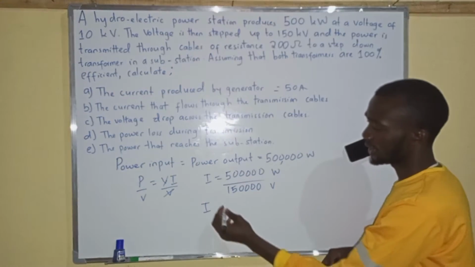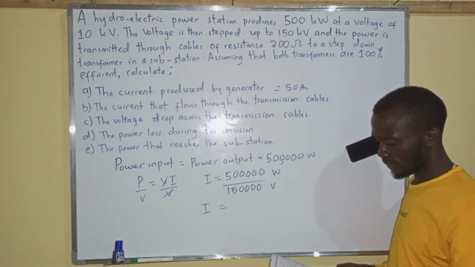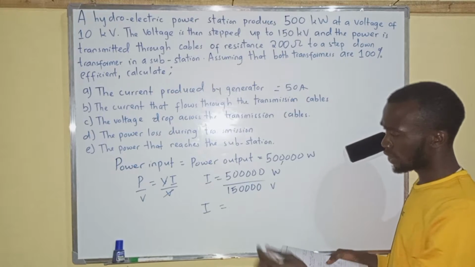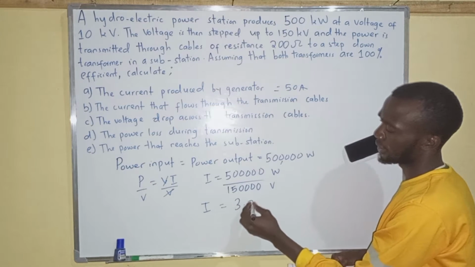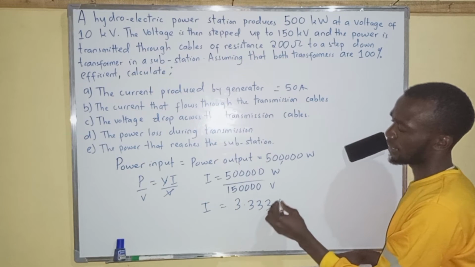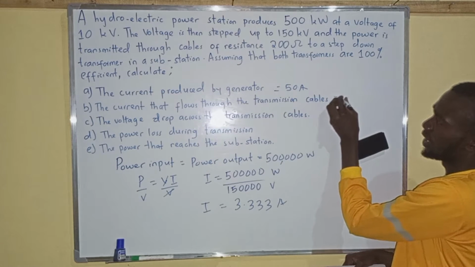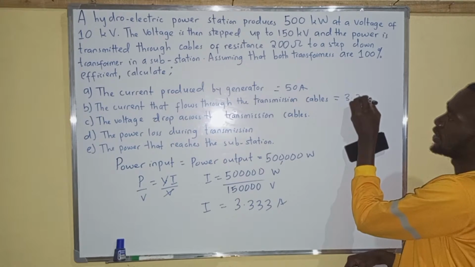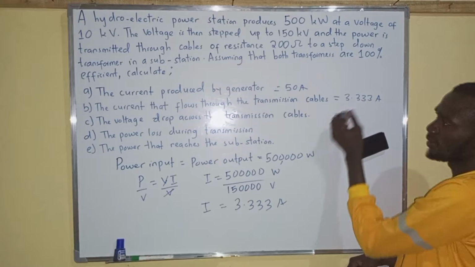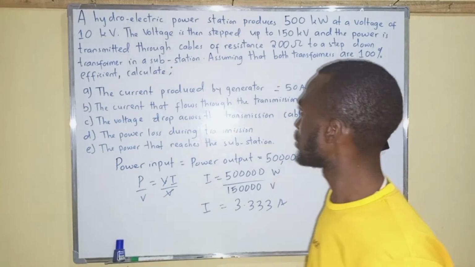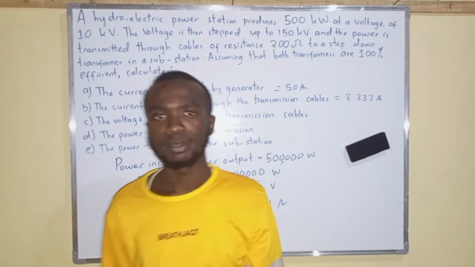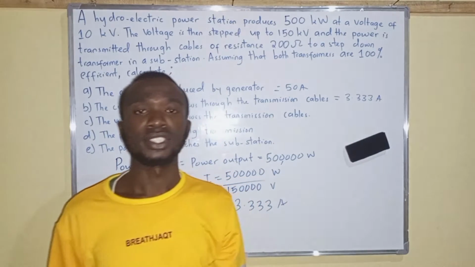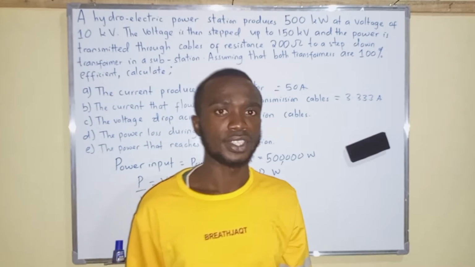Now this current is equivalent to 3.333 amperes. We can see that the current produced by the generator is the same as the current on the primary coil of the transformer.